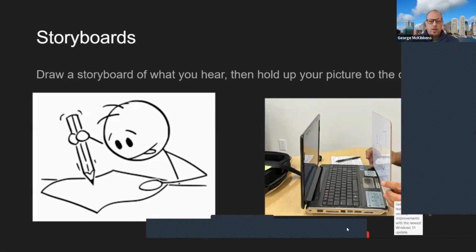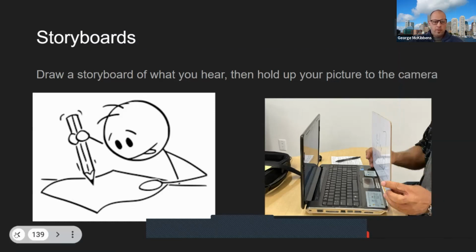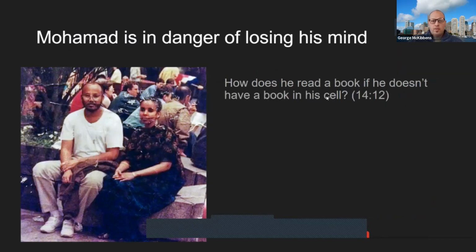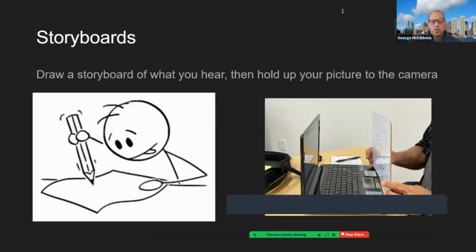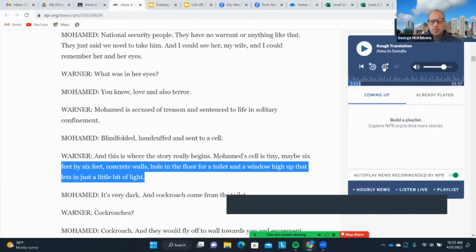Fantastic. Okay, so now I'm going to show you the timestamp right here where I'm going to play from. So Muhammad's in danger of losing his mind. How does he read a book if he doesn't have a book in his cell? About a third of the way into the story, we find out. There's the timestamp 1412. So let's go to 14 minutes and 12 seconds. Here we go.